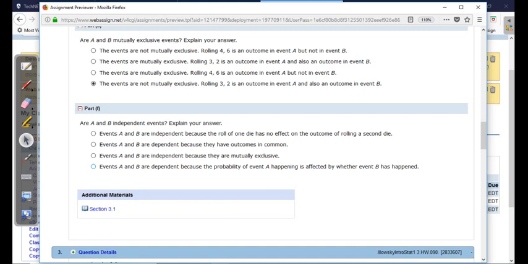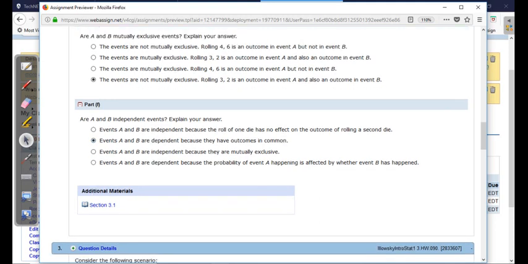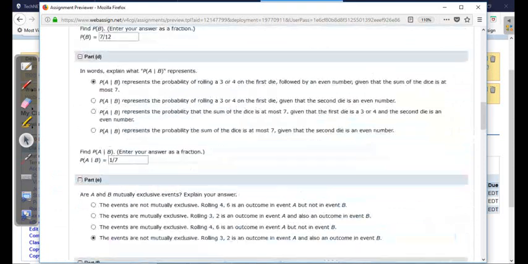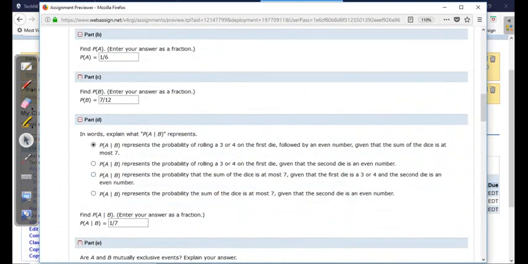Well, they do have outcomes in common. Let's go with that. So there we go. All right, so there's our answer. It's pretty straightforward, but we have to understand what that compound probability A given B means.